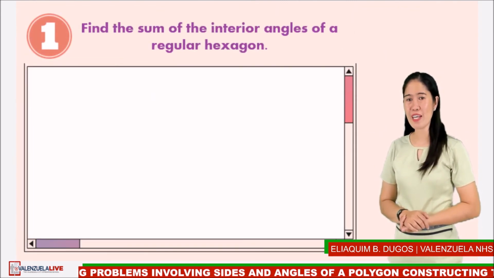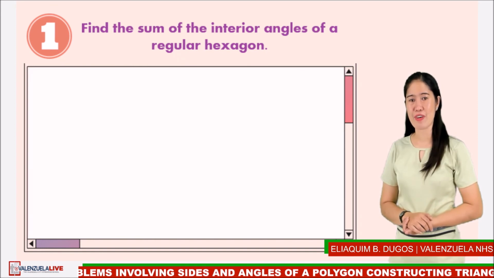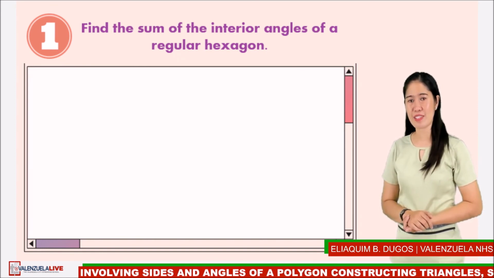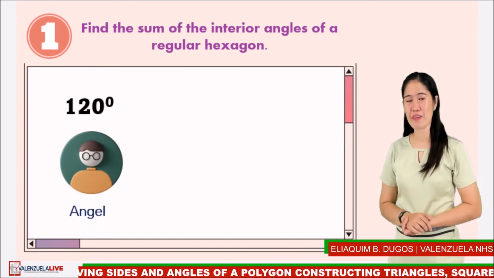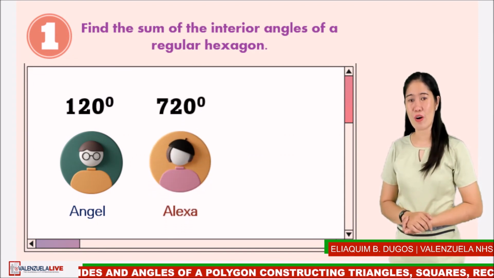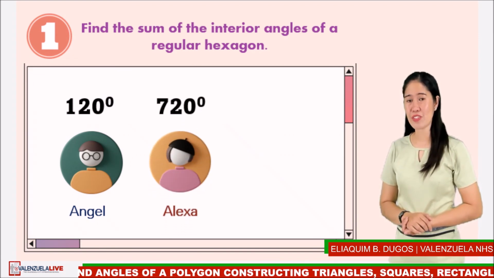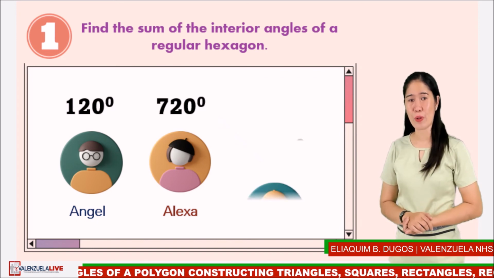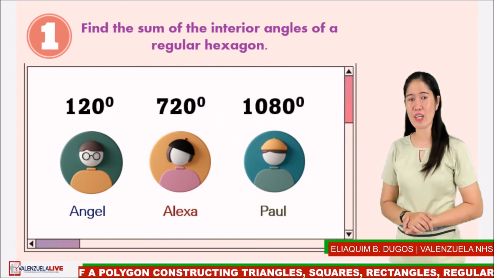Number 1. Find the sum of the interior angles of a regular hexagon. Is it Angel, who answered 120 degrees, or Alexa, who answered 720 degrees, or Paul, who answered 1080 degrees?